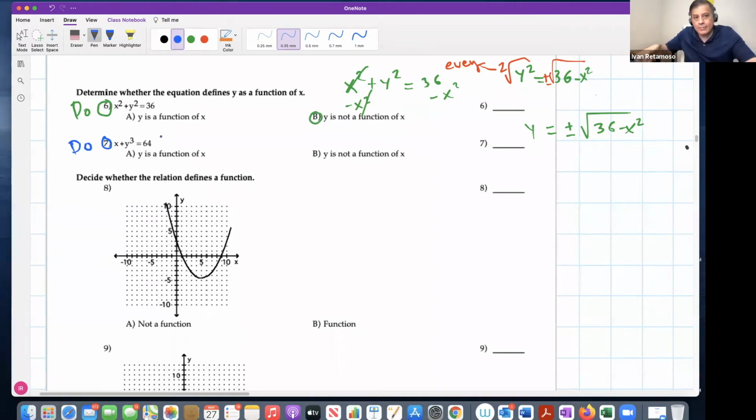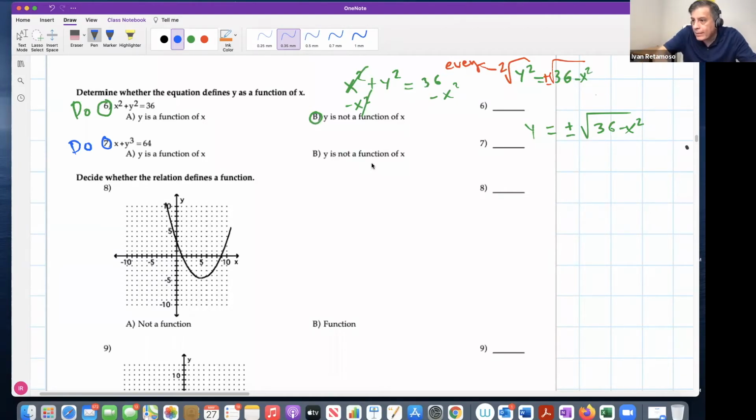Okay, try number 7 now. Figure out if this is a function or not. Feel free to write comments in the chat. Very good. Let's see.